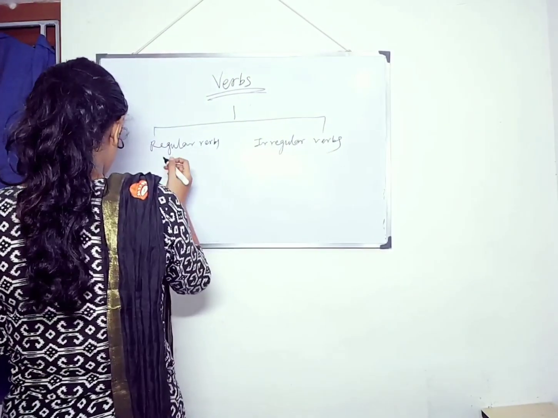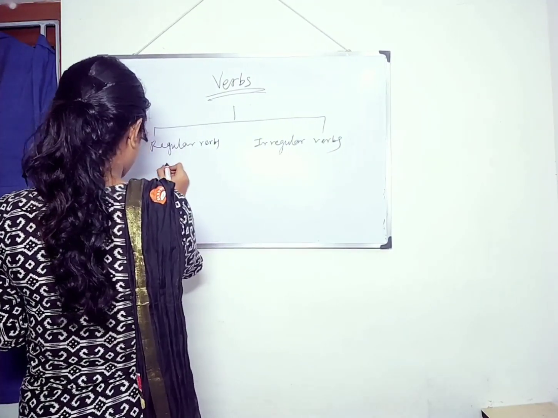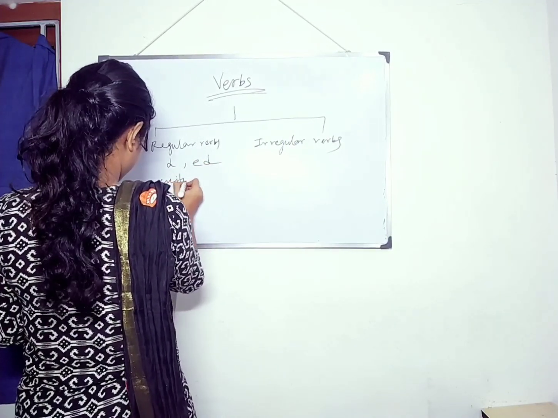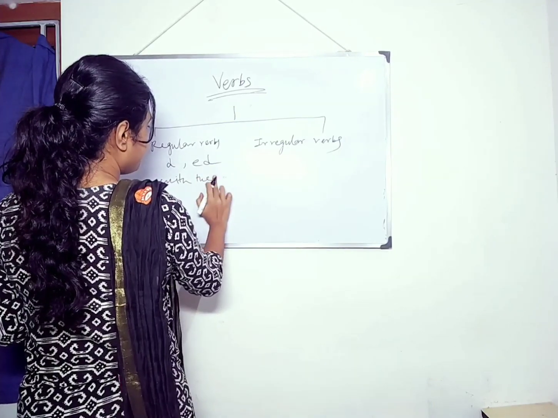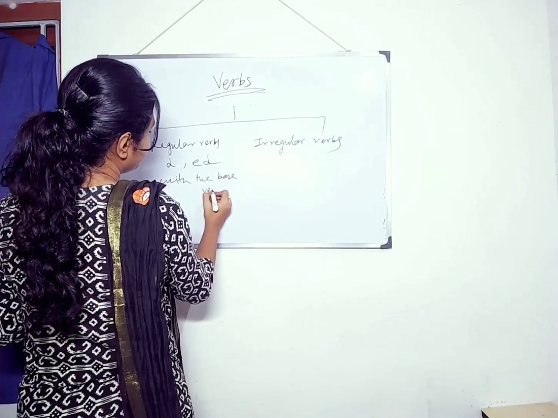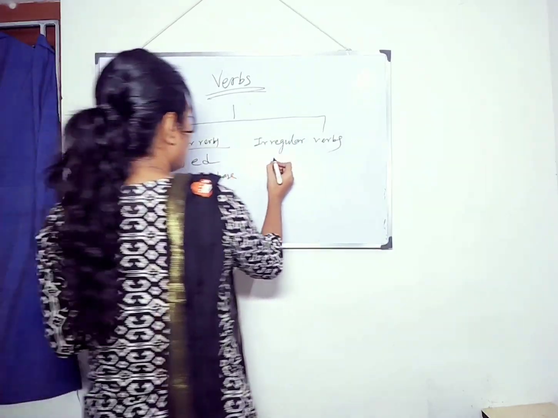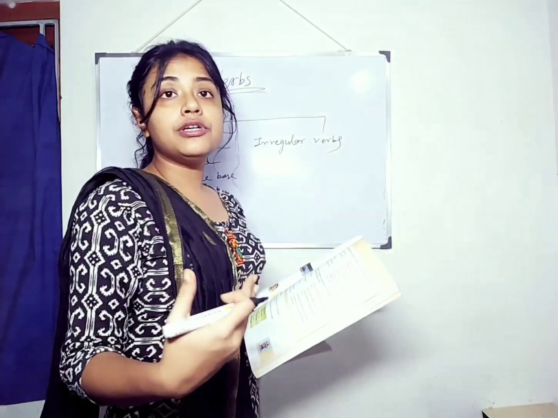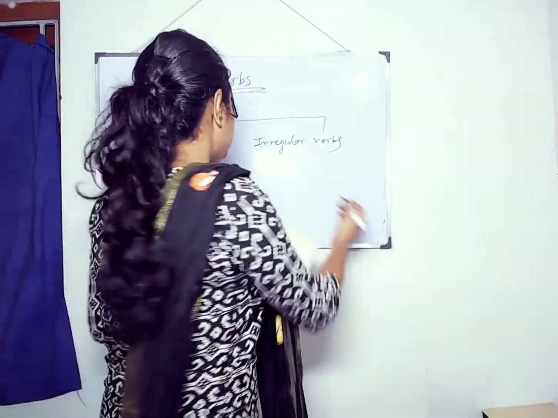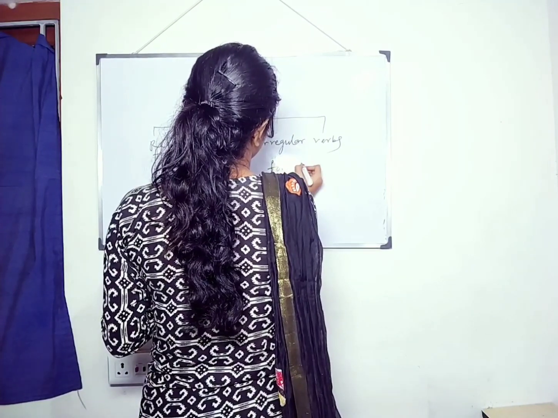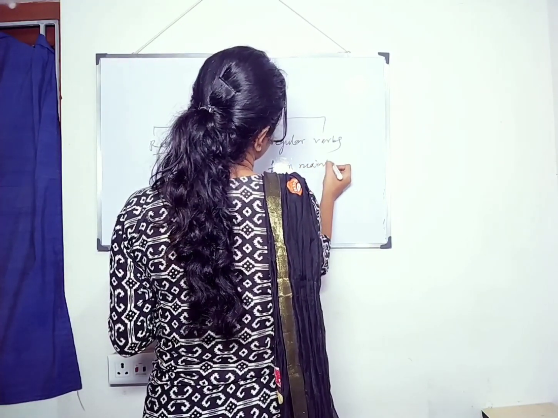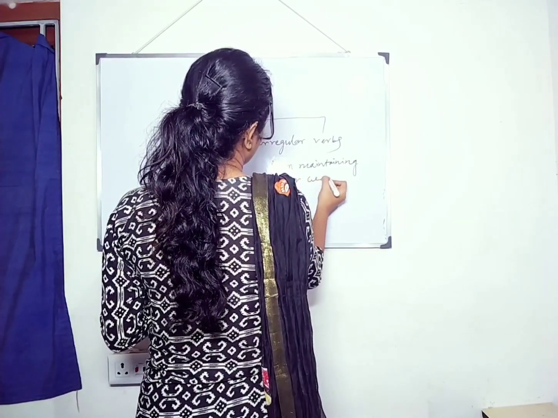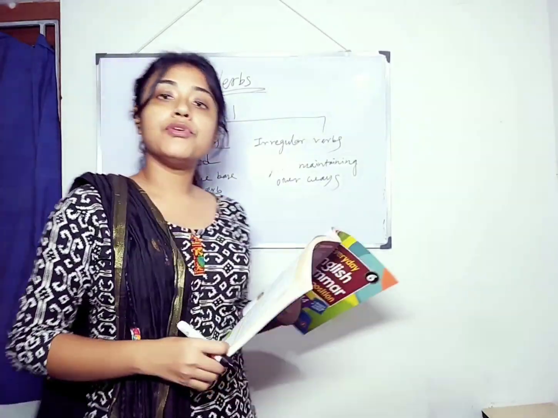What is regular? When we add D or ED to the base verb, it is called a regular verb. If the verb is formed in other ways, it is called an irregular verb.